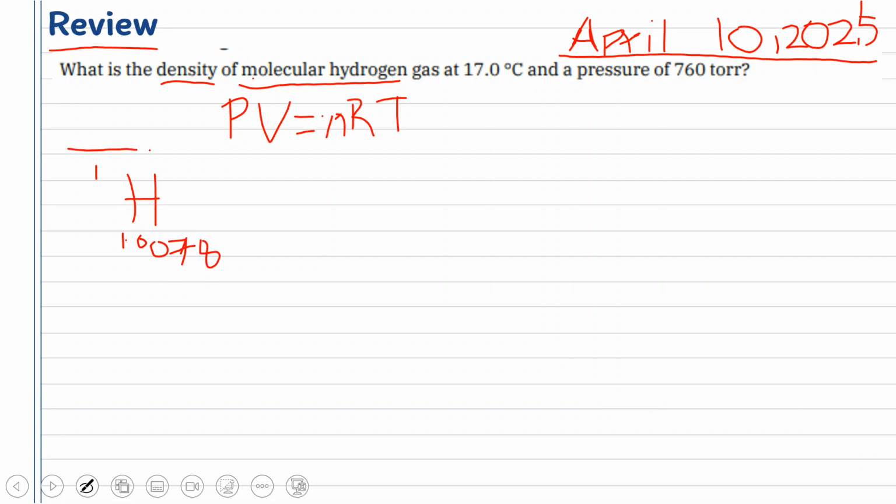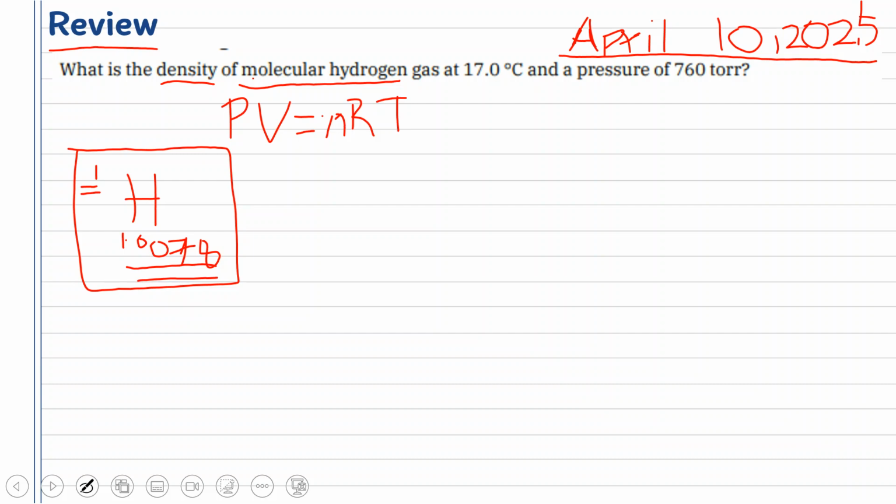How do you know this? On your periodic table, you're going to see something like this. This is the atomic mass, and this is the atomic number. So this number here is suggesting that the atomic mass for hydrogen is 1.0078.